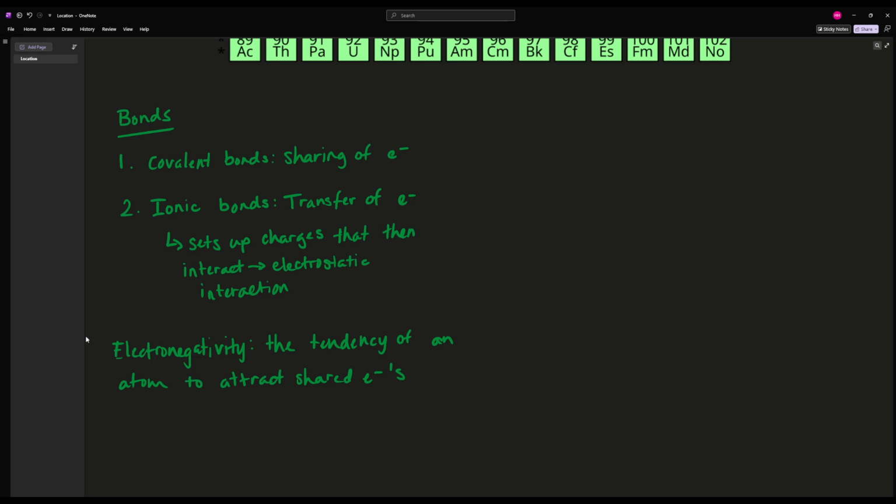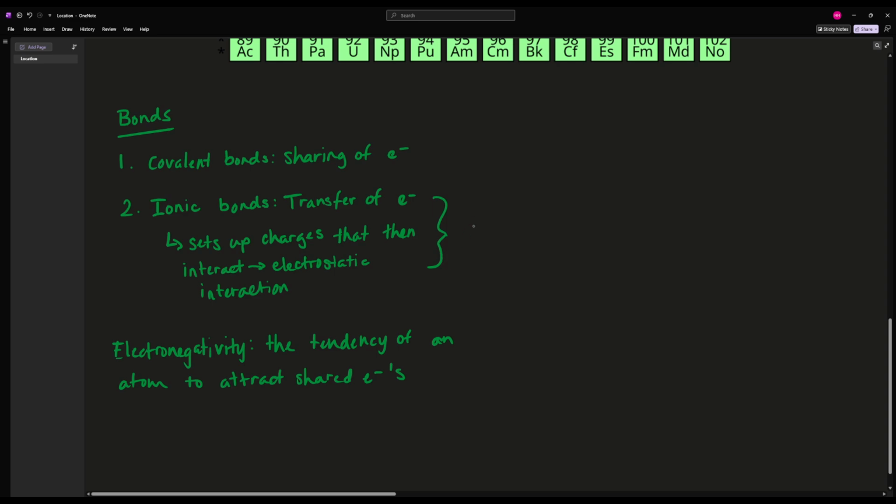And so that pull from the atom that really wants this electron is enough to take it from the other one, establishing our charges.